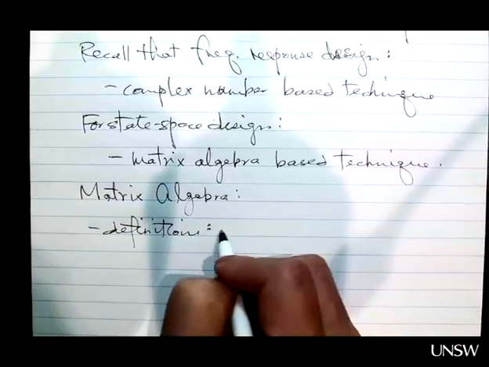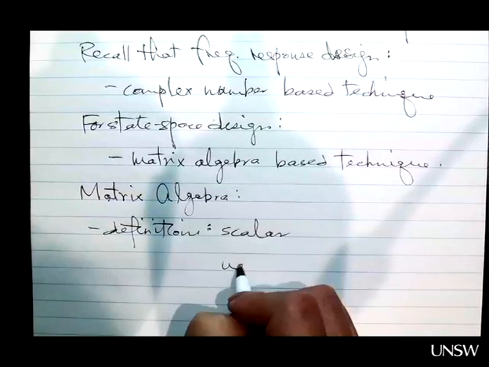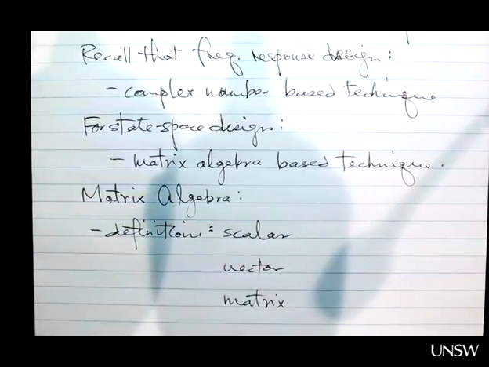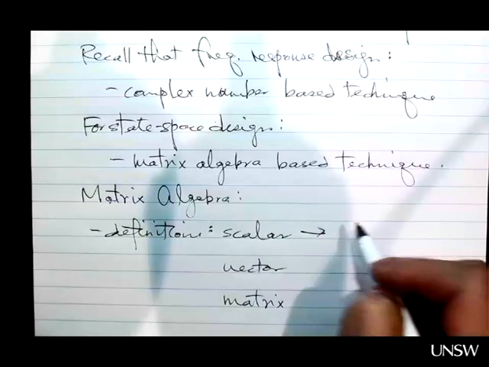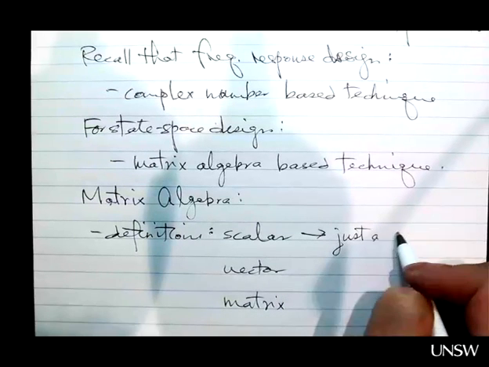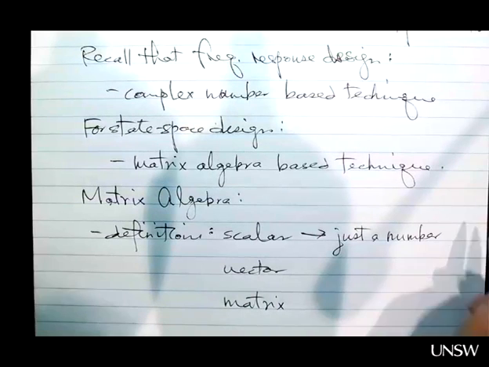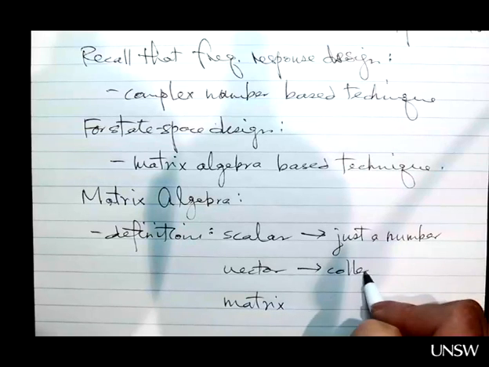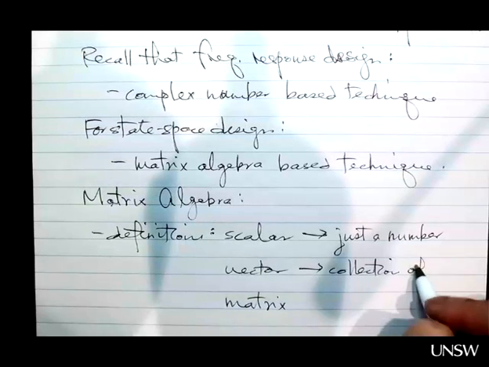We have the scalar, a vector, and then matrix. So the three basic definitions in matrix algebra. Scalar, we can treat it, okay, as just a number. And then this number is not a complex number, right? And then the vector is a collection of numbers.